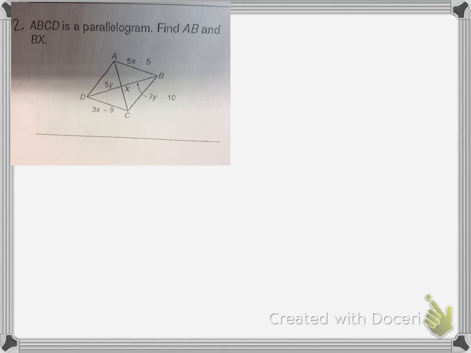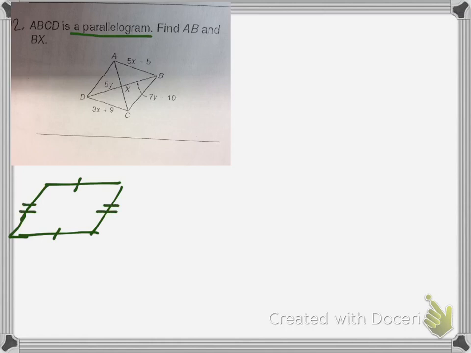Here's something you might want to add to your notes, or you just know this. When you're talking about a parallelogram, we can adhere to the formula sheet. Opposite sides are parallel, and not only are they parallel, they're also congruent. That's going to be important.